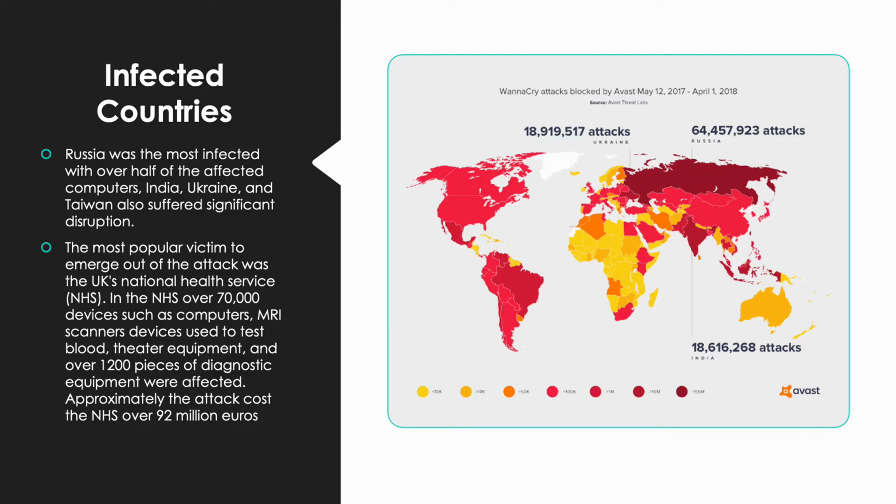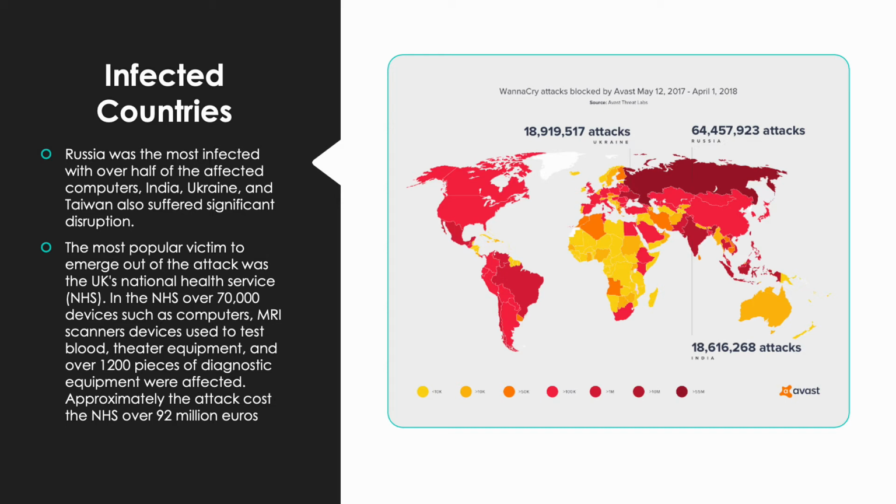Infected countries. Russia was the most infected, with over half of the infected computers. India, Ukraine, and Taiwan also suffered significant disruptions. The most popular victim to emerge out of the attack was the UK National Health Service, NHS.